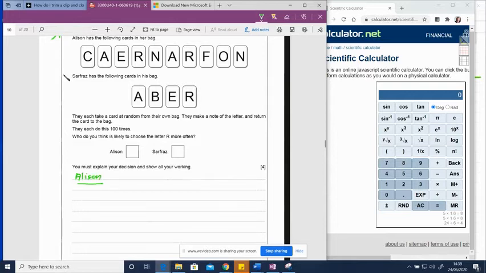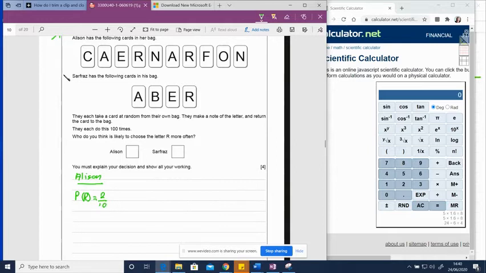And I'm going to work out the probability of her choosing an R. So the probability is the number of successful outcomes. So how many R's are there? Well, there are 2 in the word Carnarvon out of a possible 1, 2, 3, 4, 5, 6, 7, 8, 9, 10.